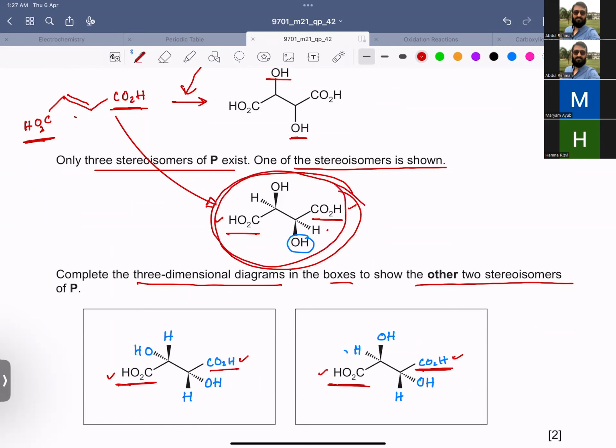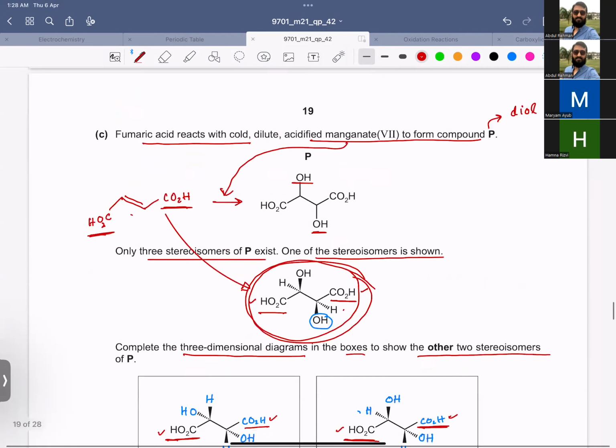So the OH being added to both the carbons have the possibility to go above the plane or below the plane. So that's why we keep both the carboxylic acids on the plane, because our reactant has the same thing. Is it clear now? Yes. Okay.